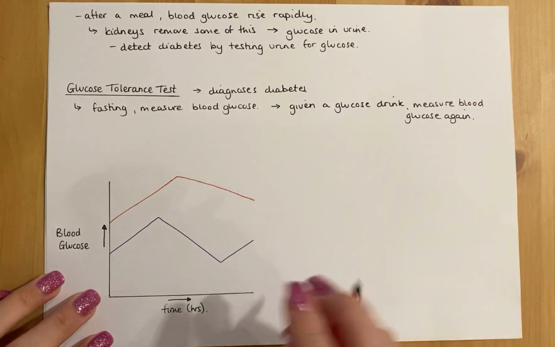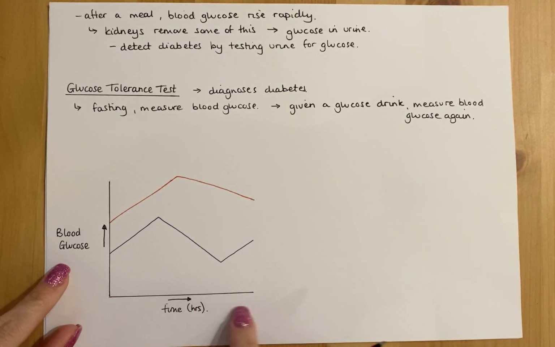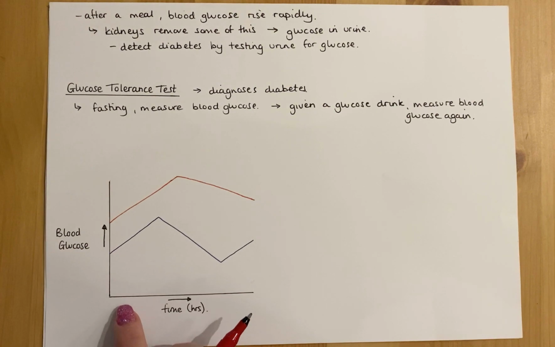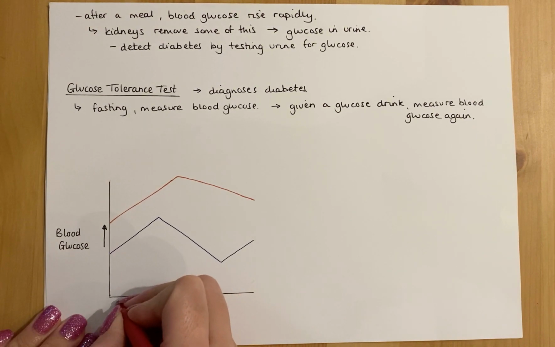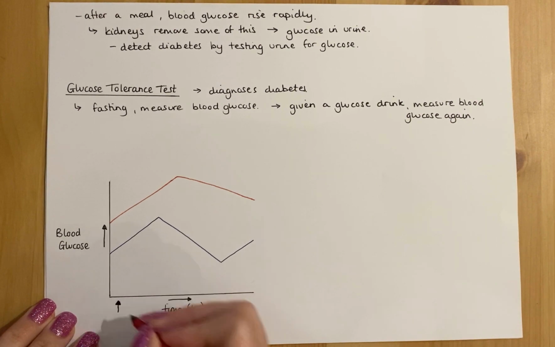And that's what the graph below shows. On the y-axis we've got blood glucose, and on the x-axis we've got time in hours. It doesn't really matter what the times are, but generally this would be after fasting, and then a person would be given a drink. Just for talking's sake, we'll say the drink was given there.